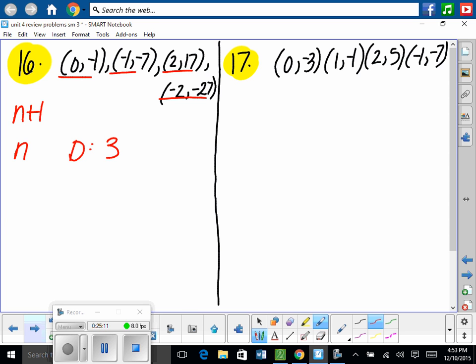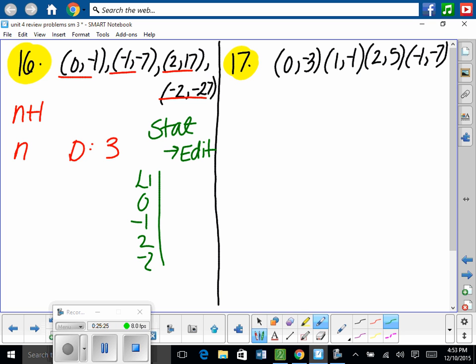Then you go into your graphing calculator, hit the stat key, and go into edit. In list 1, you type in your x values, so 0, -1, -2. In list 2, you type in your y values: -1, -7, 17, and -27.